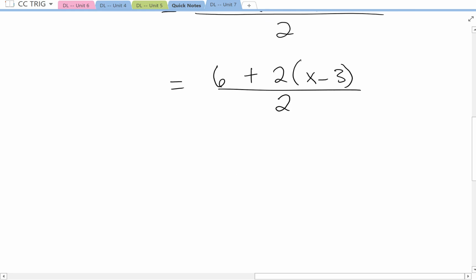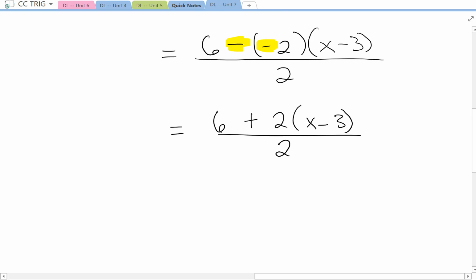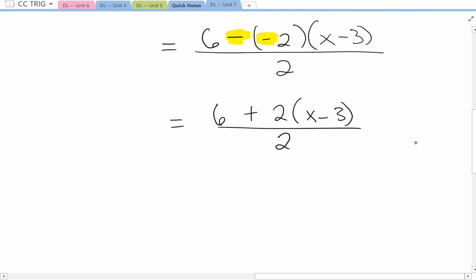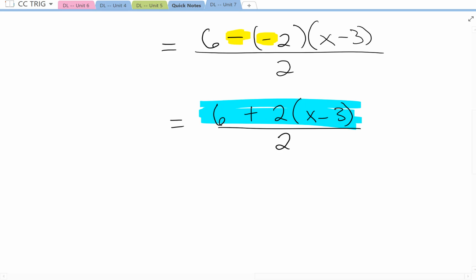Okay, nothing can be crossed off in your numerator and denominator until everything in the numerator and the denominator is a product. See this? That's a plus sign, so we can't do that. We have to break down the entire numerator before we can cross off things with the denominator.